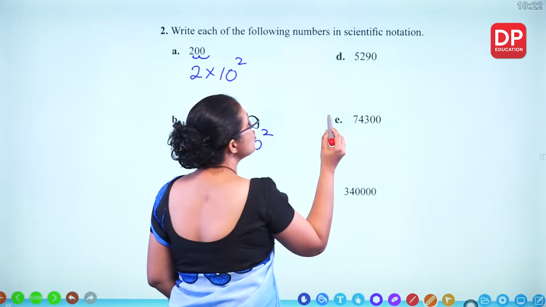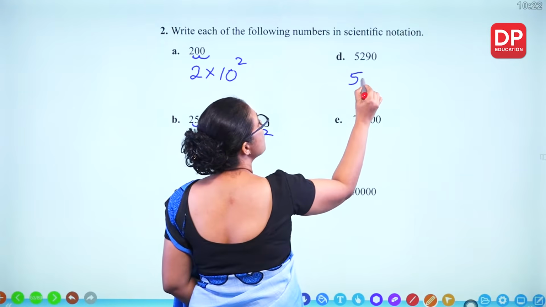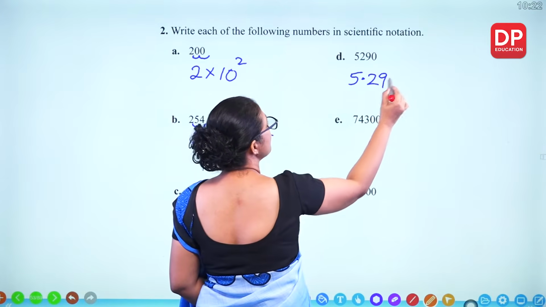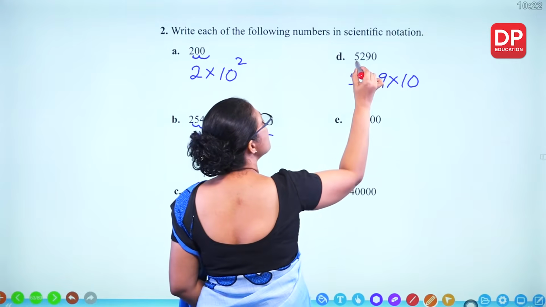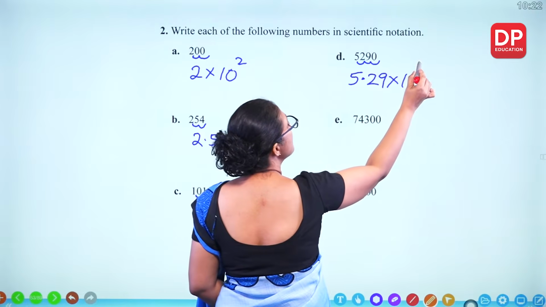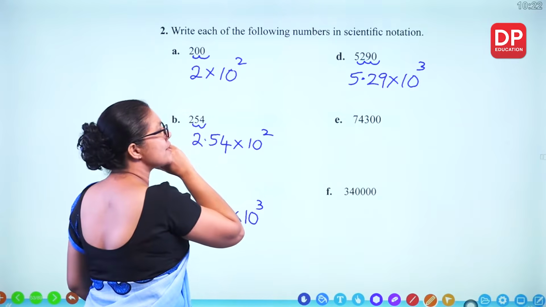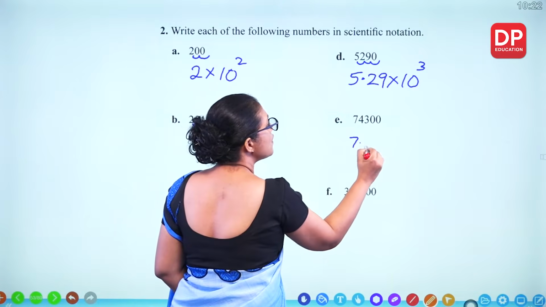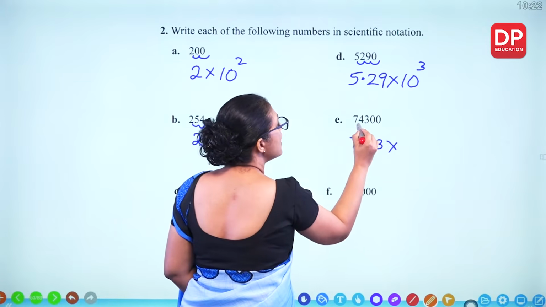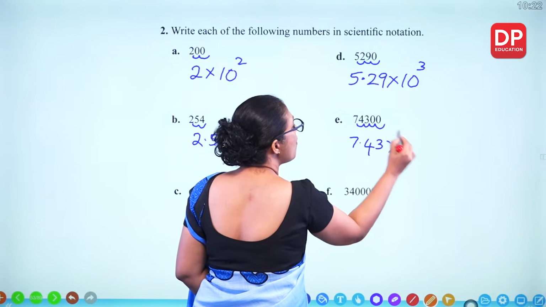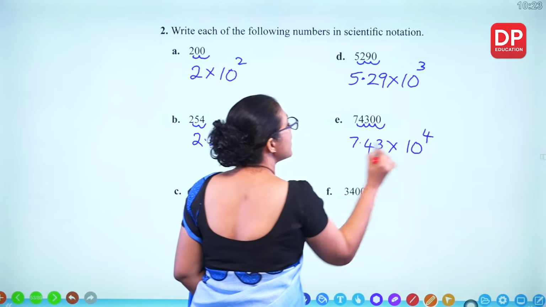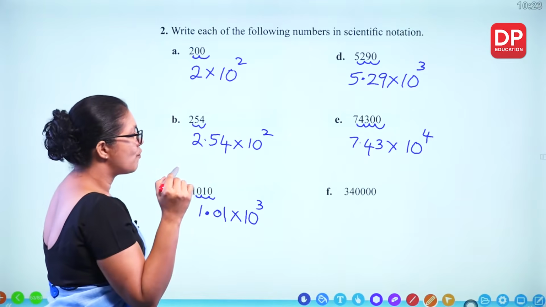This one 5290, I can write 5.29. And how many places I have to move? 1, 2, 3 places to the right, that's plus 3. 7.43, 1, 2, 3, 4 places to the right, 10 to the power 4.